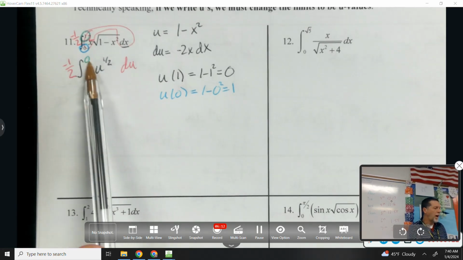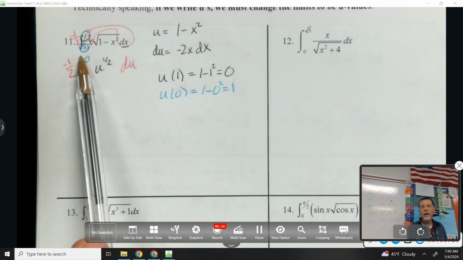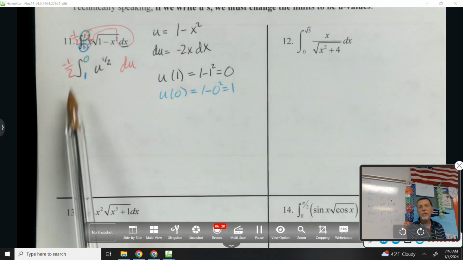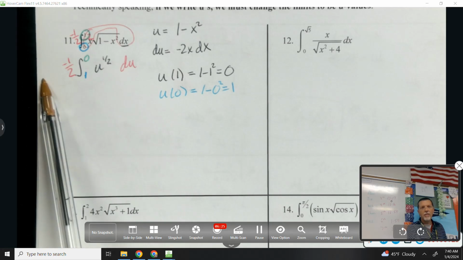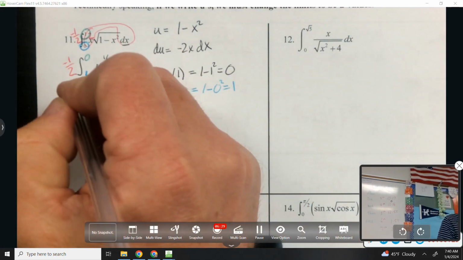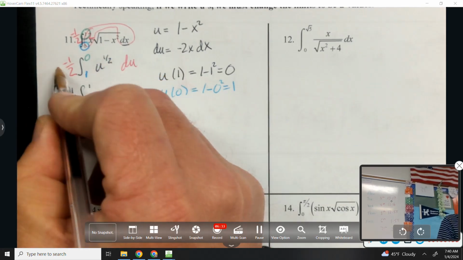This one feels backwards. You want to do anything about that? How can we fix that? Flip it, and what price do we pay for flipping it? Yeah, make it negative or change the sign. It's already negative, so let's flip it. So let's make it 0 to 1, and that'll change the sign out front.